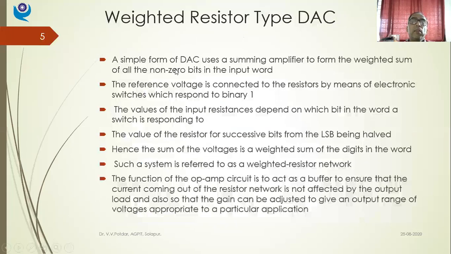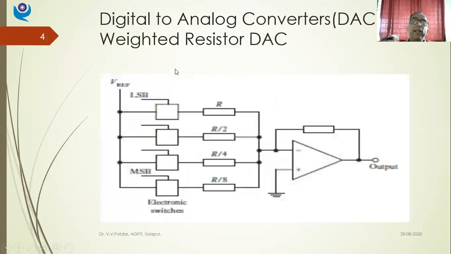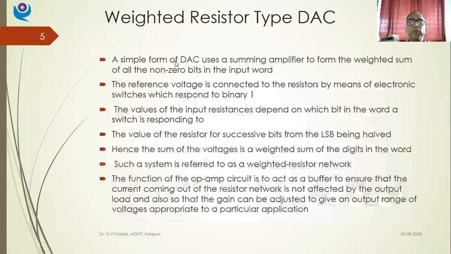So, the weighted resistor type DAC, a simple form of DAC, uses a summing amplifier to form the weighted sum of all the non-zero bits in the input word.